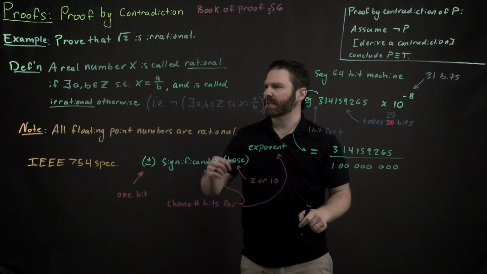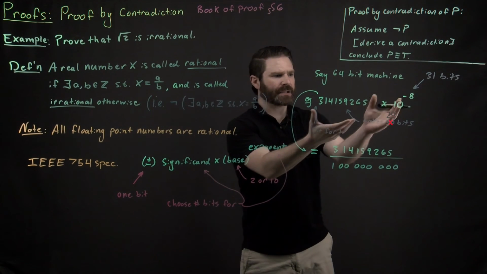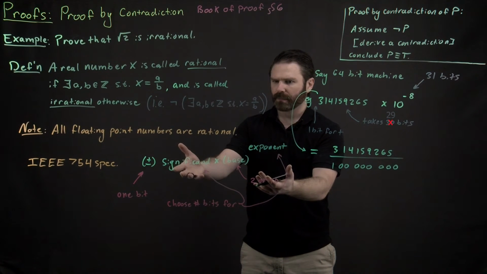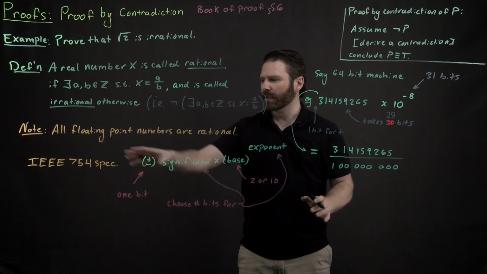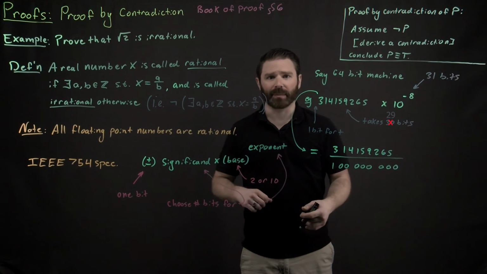Well, that was the definition of a rational number. And indeed, for any example like this, if it's a floating point number, it's a rational number. So there is no way using floating point numbers that you can express an irrational number.